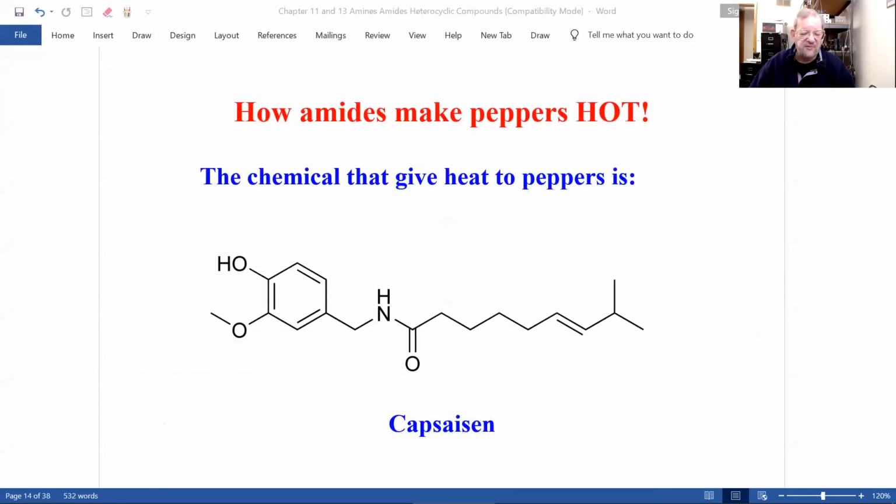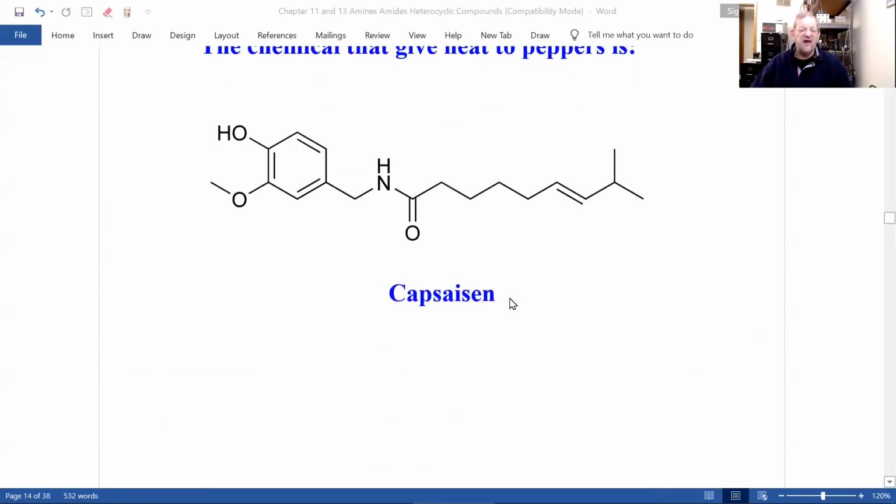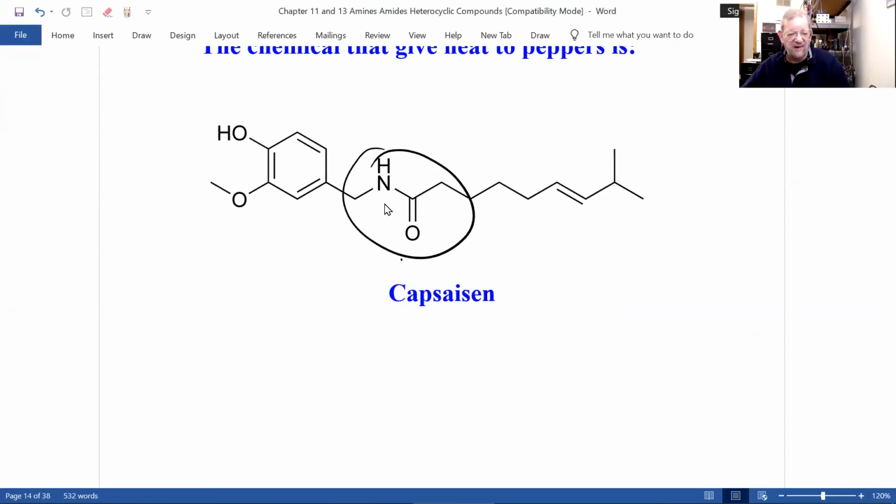And this is capsaicin. If you notice right here, you have a lot of functional groups in here. Here we have an amide: carbonyl, R group, nitrogen, hydrogen, R prime.